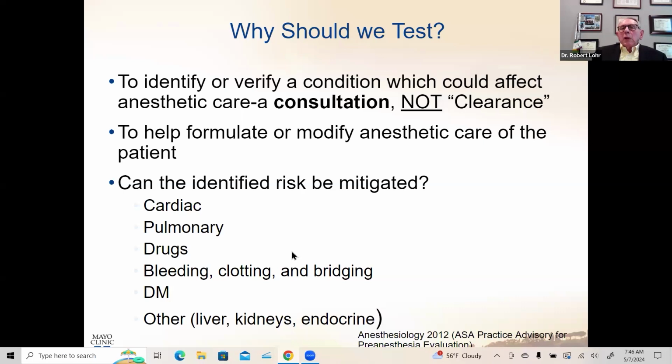So it depends on their use. If it's an occasional use, I wouldn't worry about it at all. If it's chronic and it's a lot, then I might have some concern about withdrawal. And again, it's not something you would be doing in your pre-op exam, but rather mentioning it so that the people in the hospital know that this may be an issue for them to deal with.